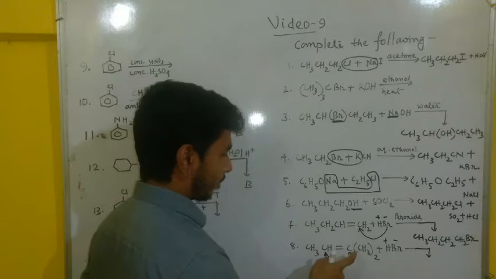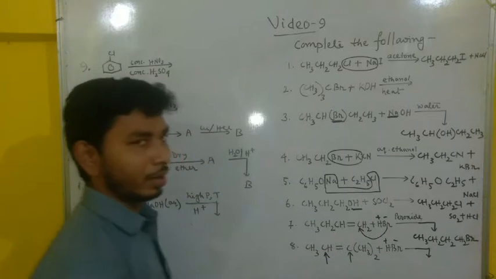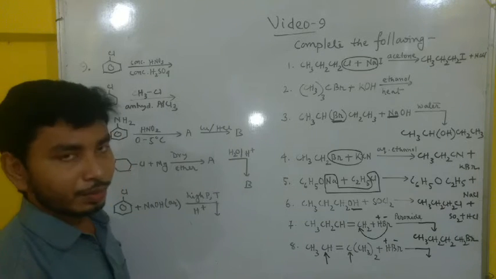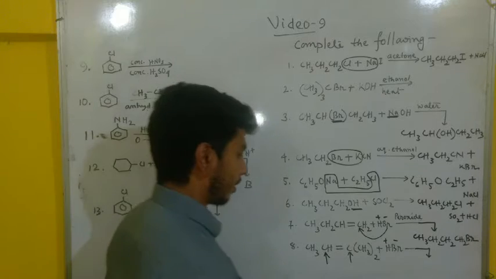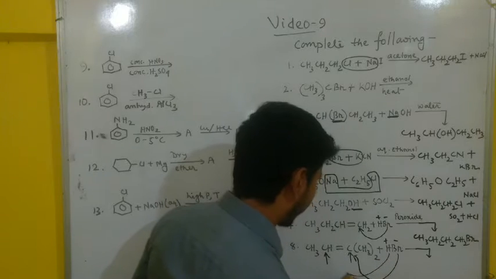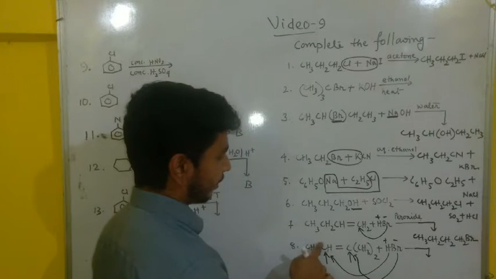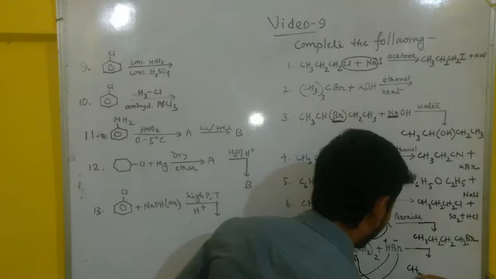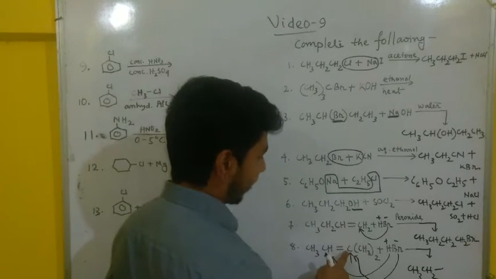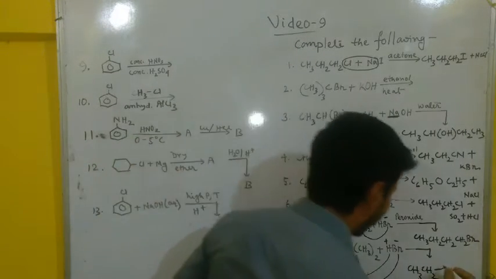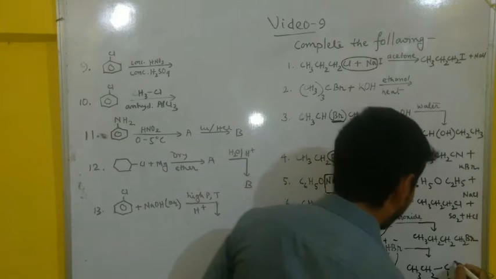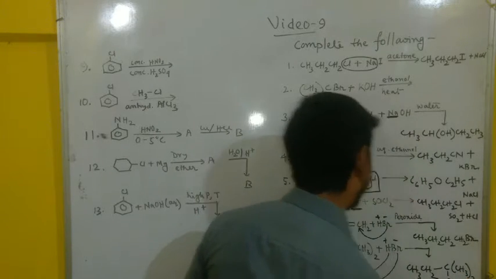The negative part will go to this carbon, the positive part will go to the other carbon. So the product will be CH3CH2, the double bond becomes a single bond, and this carbon is now bonded with bromine and has two methyl groups.